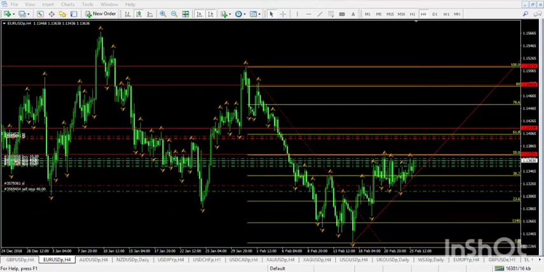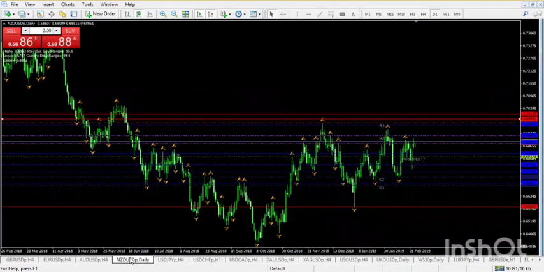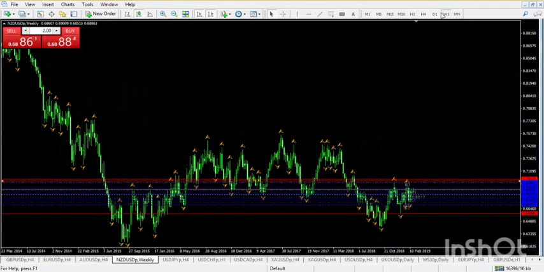Excuse me, the Euro CAD chart, we have trend line and pivots. I don't actually work on Euro CAD, but also the Euro USD last week.